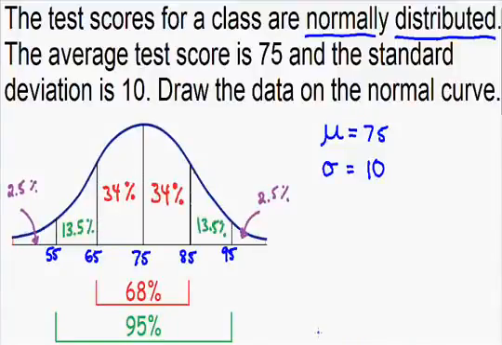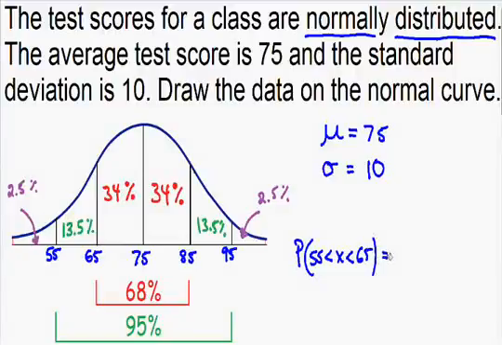Okay, so now I hope you're getting a good idea of how powerful this curve really is. You can really predict any student's test score. So let's do it one more time. Let's find the probability that a student's test score is between 55 and 65.